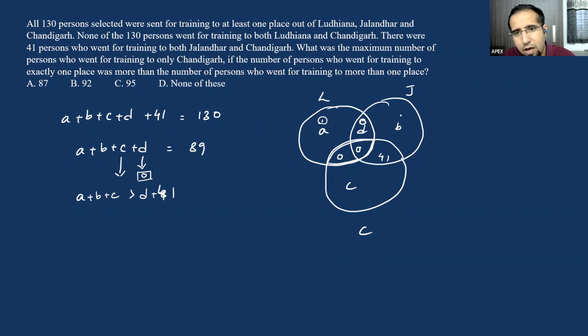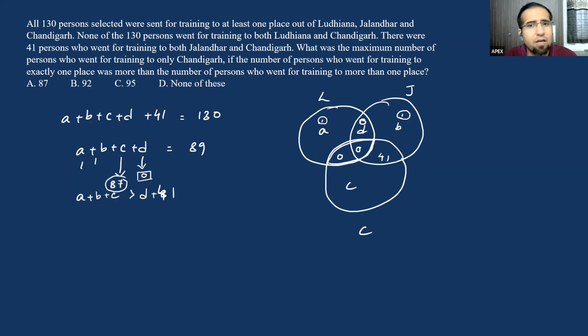Similarly, I'll have to take the value of B also equal to 1. So if I take A equal to 1 and B equal to 1, the maximum value of C from the options becomes 87. This is what the solution has given you, but I'm slightly disagreeing with it.